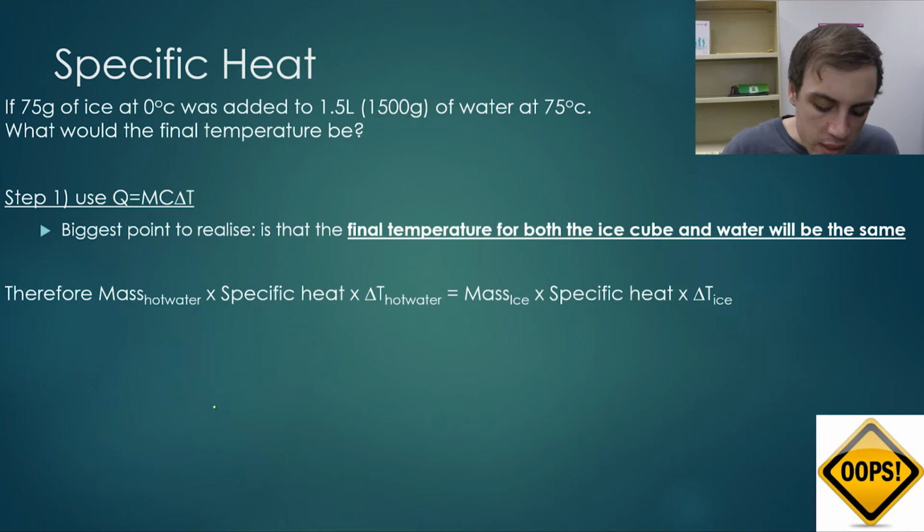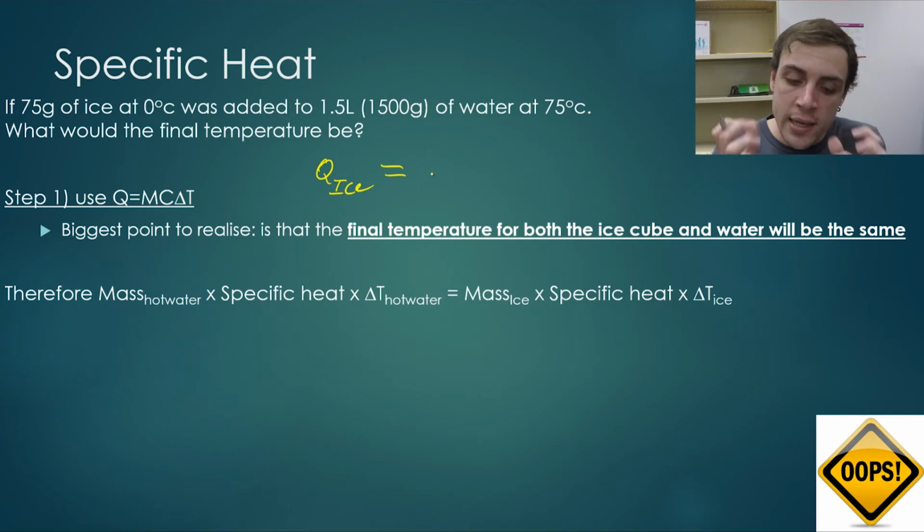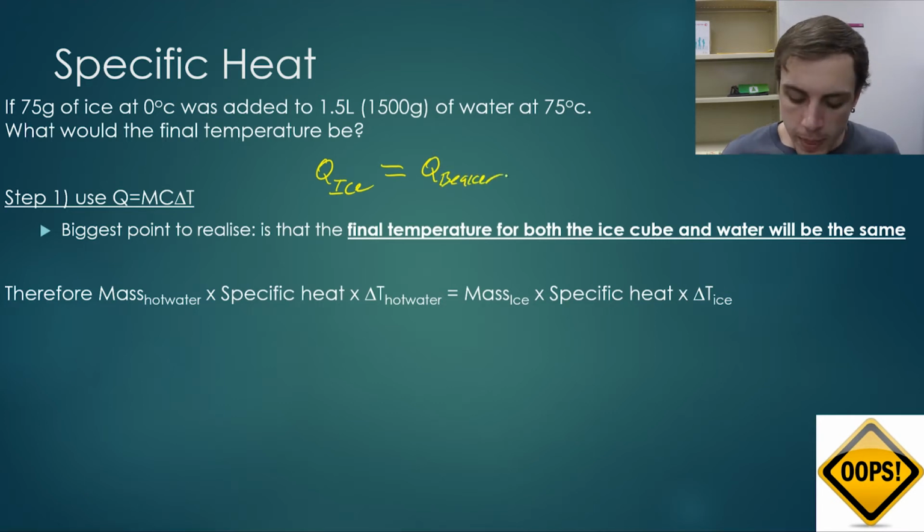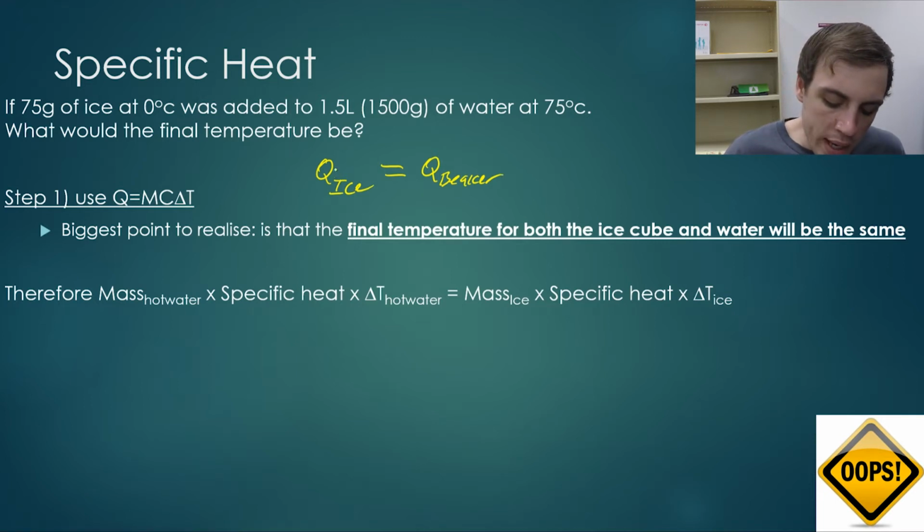Here we've got our question, and again we realize that the final temperature for both of these will be the exact same. Here, what I'm going to do is combine these two formulas together, because we know that the amount of heat gained by the ice is going to be the exact same as the amount of heat lost by the beaker of hot water. So we can fuse them into one.